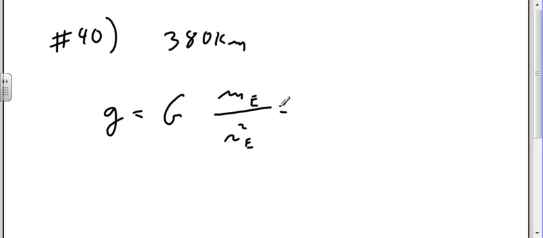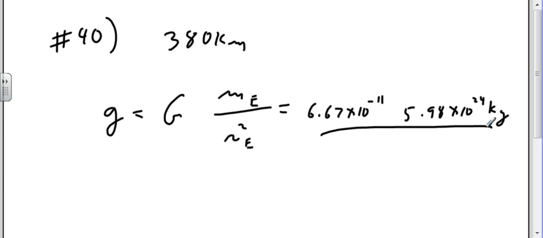So that's going to be G, which is 6.67 times 10 to the minus 11, times the mass of the Earth, 5.98 times 10 to the 24th kilograms, divided by the radius of the Earth, 6.38 times 10 to the third kilometers.